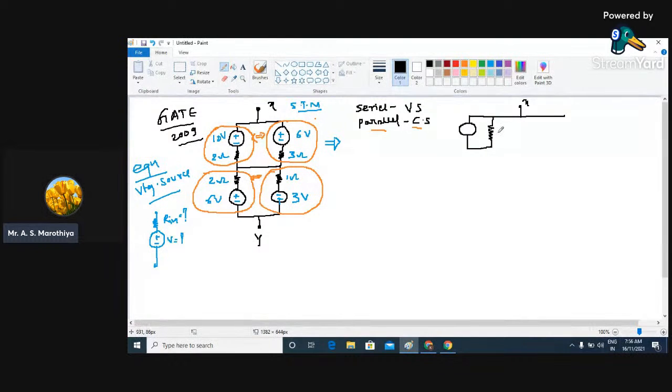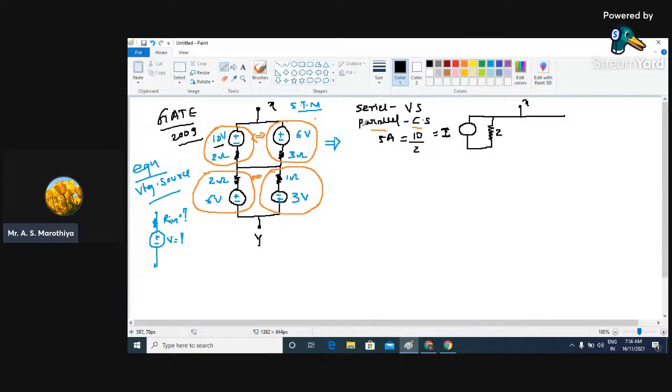Now what will be the value of this internal resistance? It is going to be the same, it is nothing but 2. And what will be the value of this current? Again apply Ohm's law. So this I is going to be equal to V divided by R. Now what is V? It is 10. What is R? It is 2. So 10 by 2 is going to be equal to 5 ampere. So the value of this current source is nothing but 5 ampere.